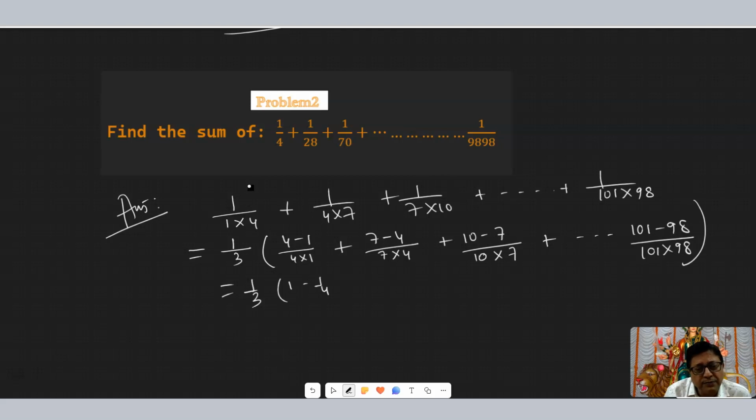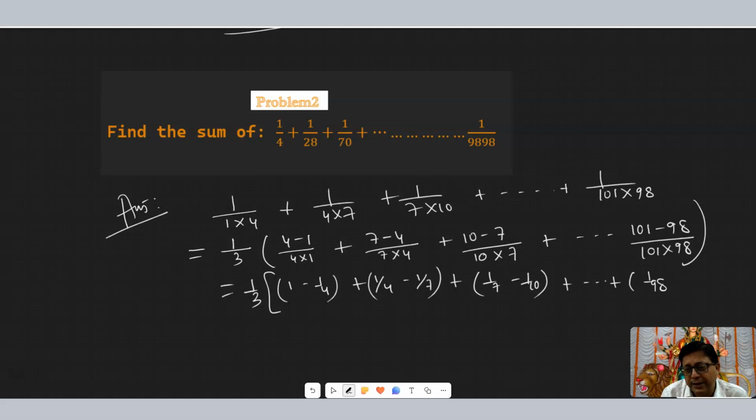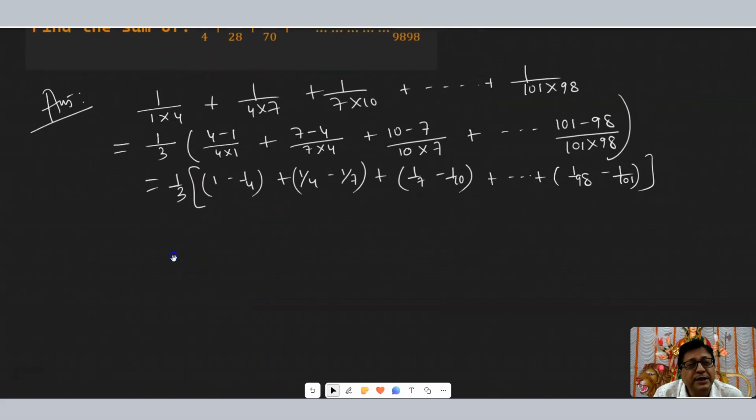It is 1 minus 1 by 4 plus 1 by 4 minus 1 by 7. I think all of you have understood what we are going to get there. That is 1 by 7 minus 1 by 10, and this way 1 by 98 minus 1 by 101. So this is a perfect telescoping series, and many terms are getting cancelled.